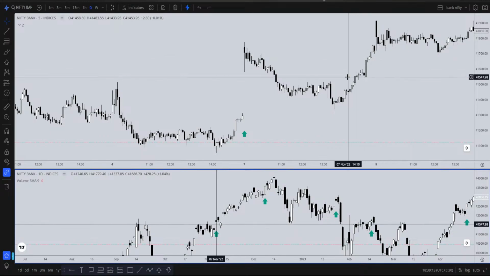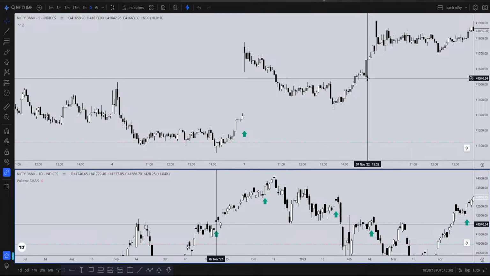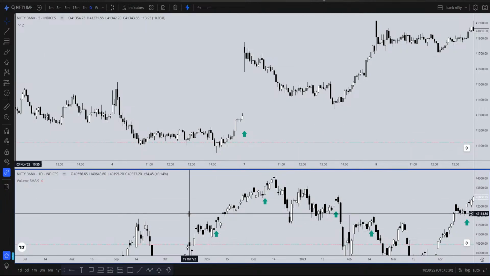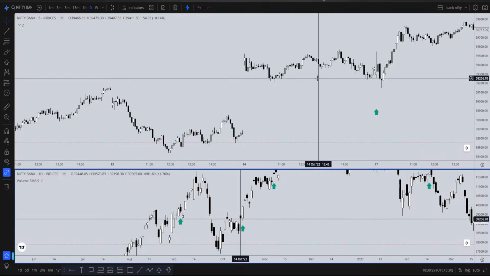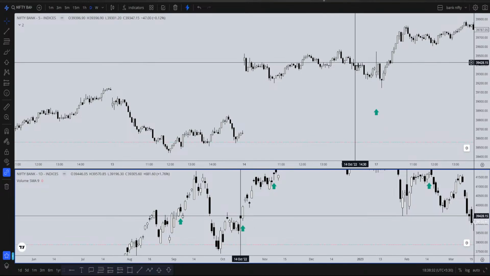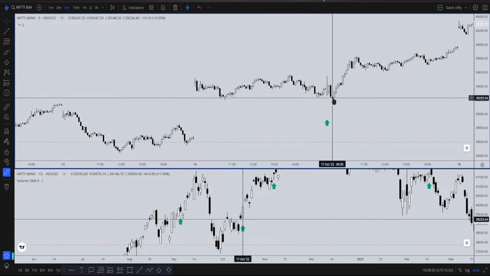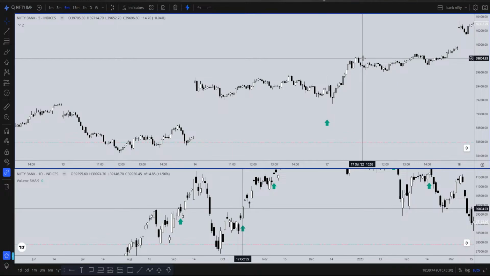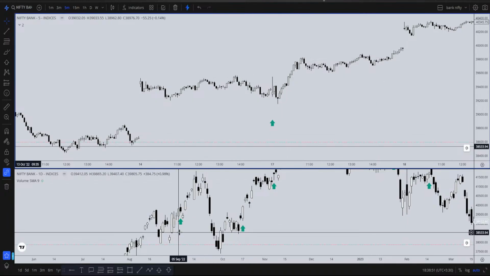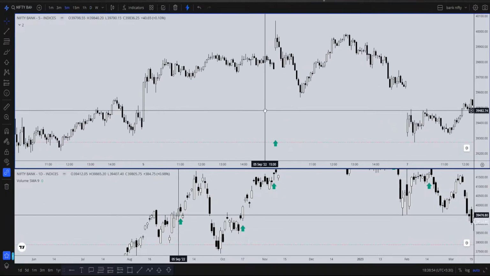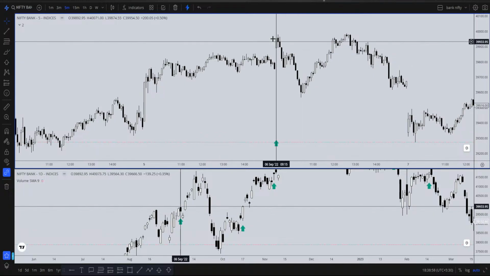Opened with a gap up, broke the range boundary, came down, then again went up. God damn.